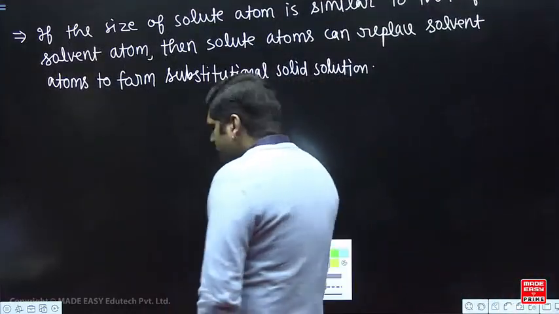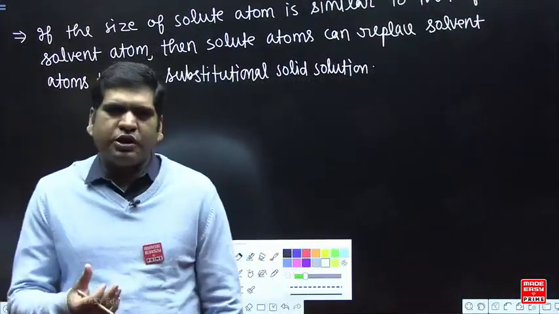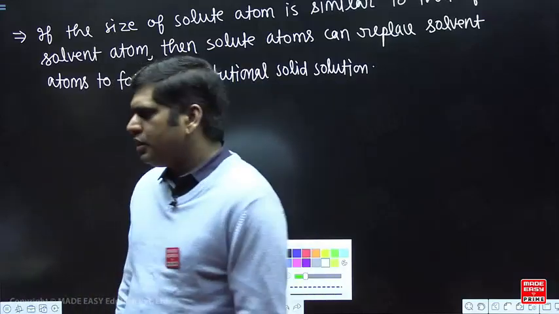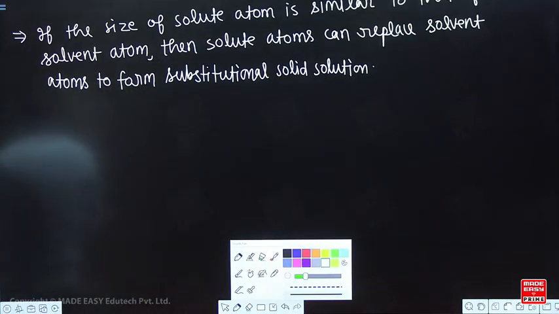How much solute atoms can be dissolved is decided by a rule known as the Hume-Rothery rule.